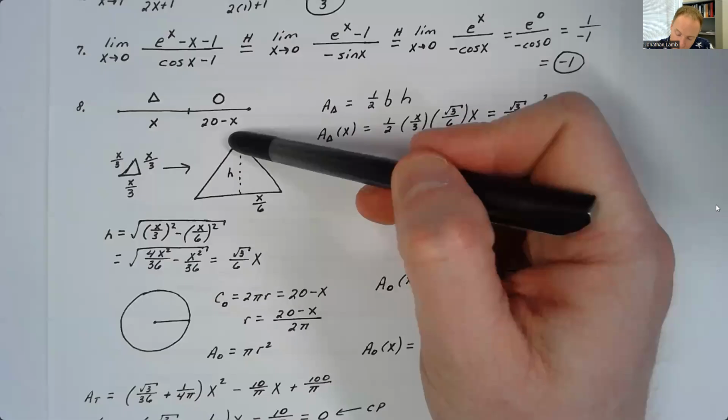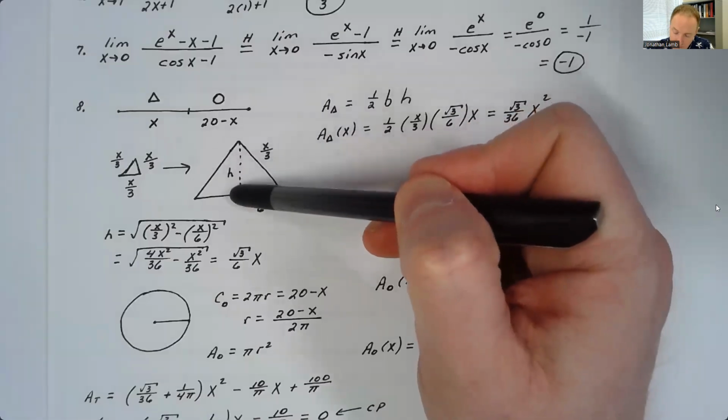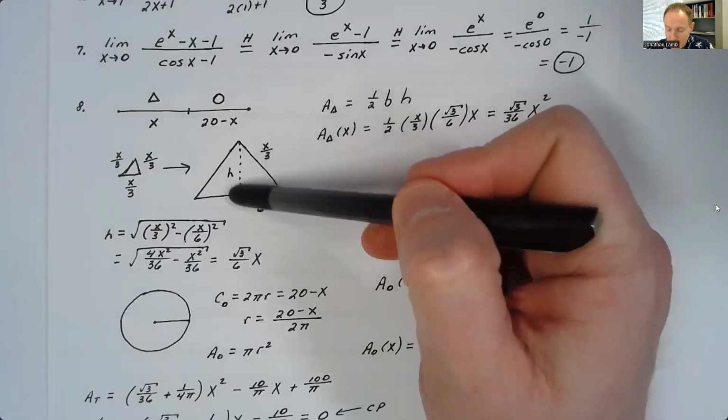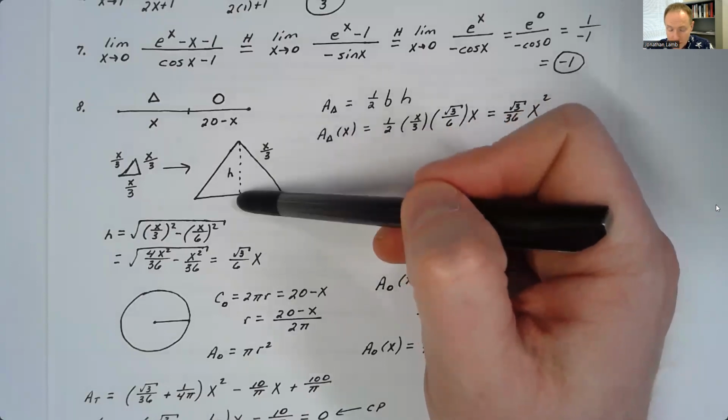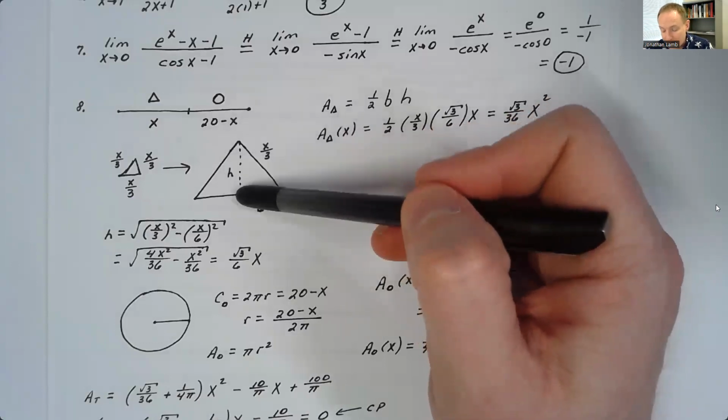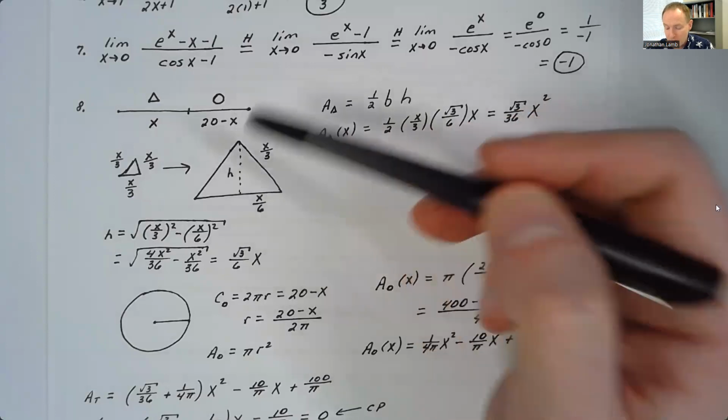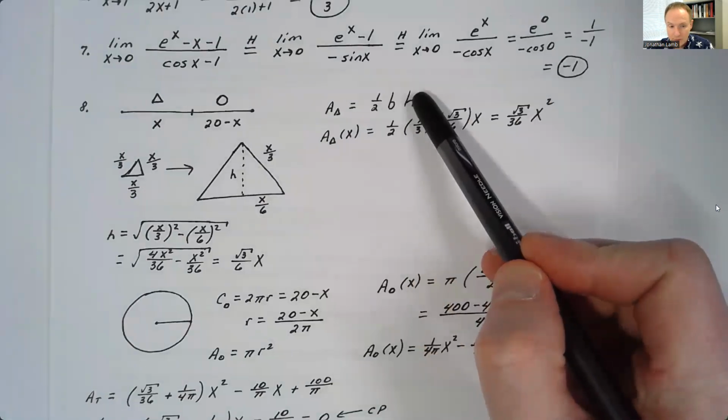So I could draw a perpendicular bisector with the base of this equilateral triangle, and that's going to form the height of the triangle. Now, I need to find out what the height of that triangle is so I can plug it into my area formula.